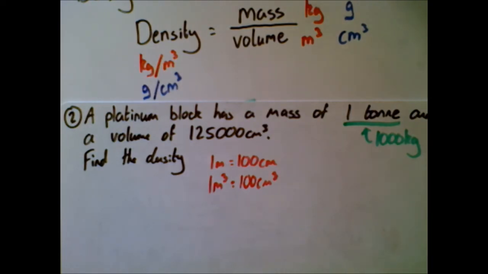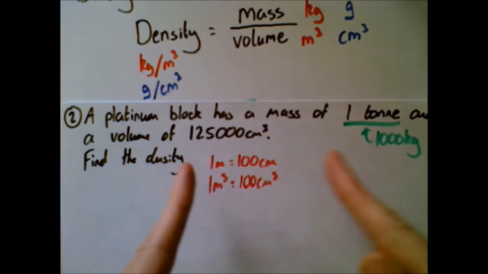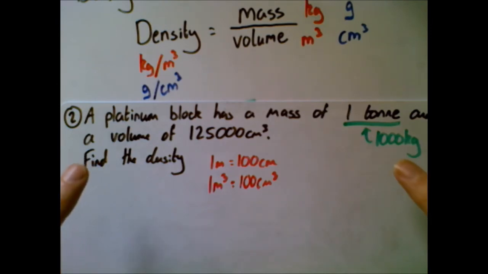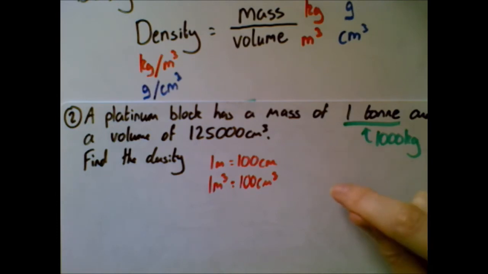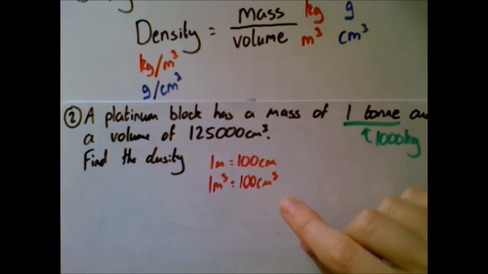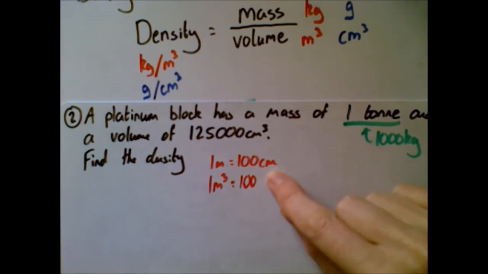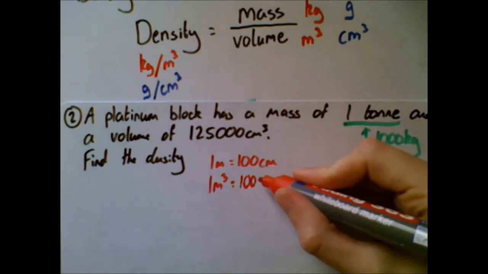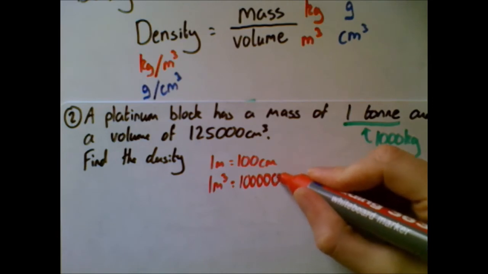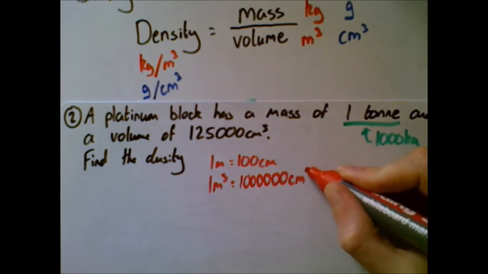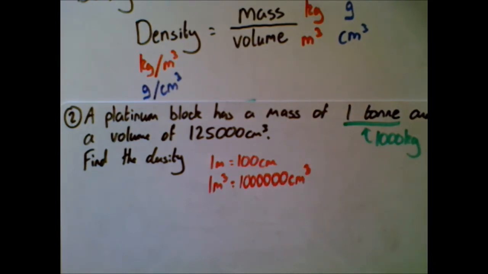Because if you think about going from cubic centimetres to cubic metres, 100 centimetres in a line, that's going to be 1 metre. But actually, if you're going from a little cubic centimetre, which is 1 by 1 by 1, into a cubic metre, you've got 100 by 100 by 100. So 1 cubic metre is actually 100 times 100 times 100 cubic centimetres.